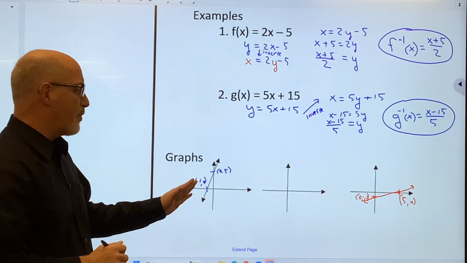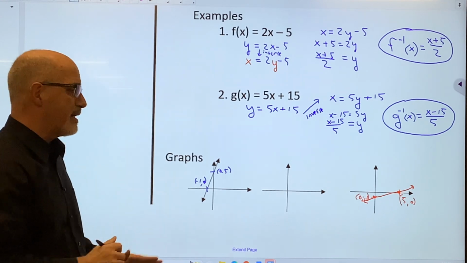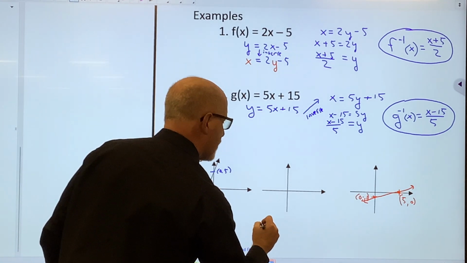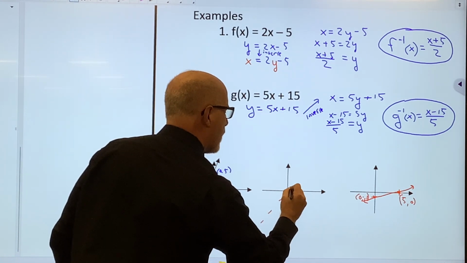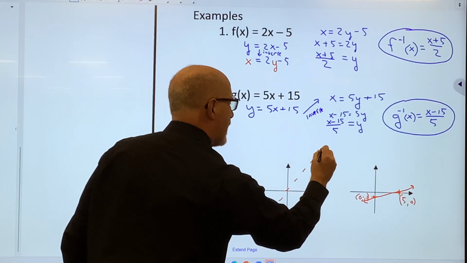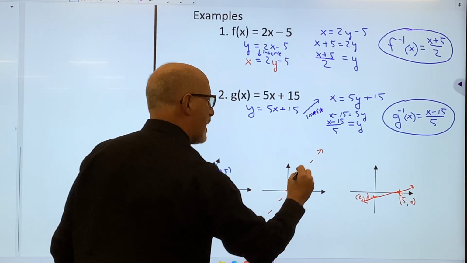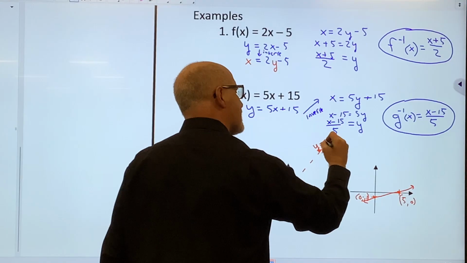What happens for an inverse graph is it's a reflection over the line y equals x. It's y equals x because the x and y are swapping places.